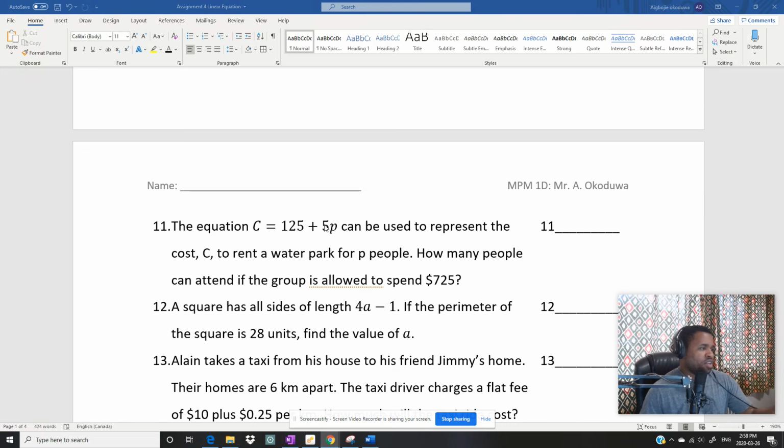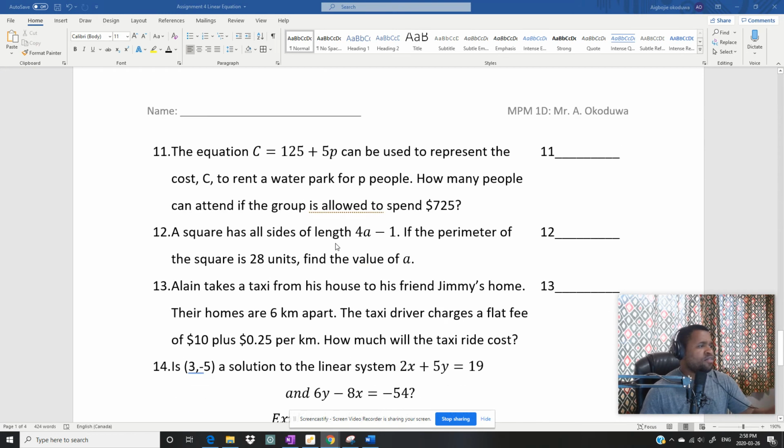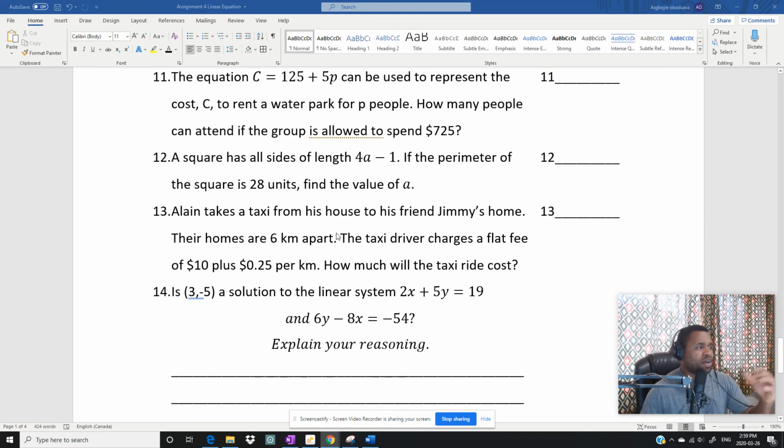And number 11 here involves a cost relationship with the number of people, which is represented as P. 12 shows the relationship between perimeter and the sides of a specific object. In this case, it is a square. And finally, here we are exploring a specific relationship between kilometers and how much money, or rate, someone pays for a specific property.